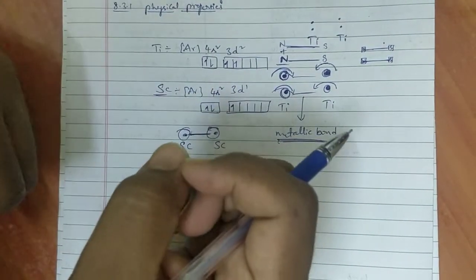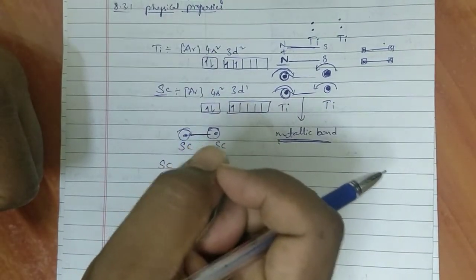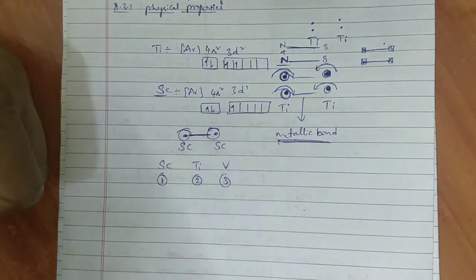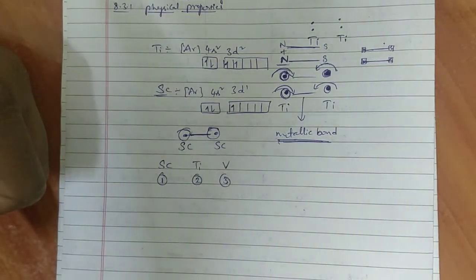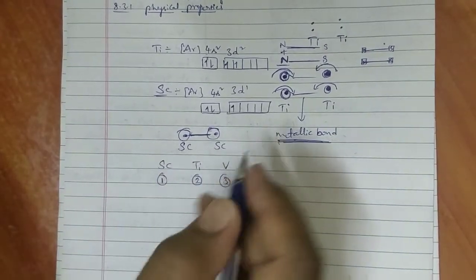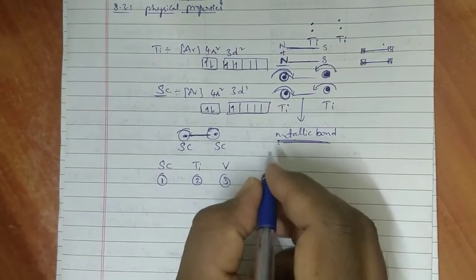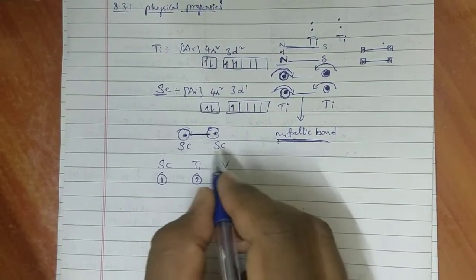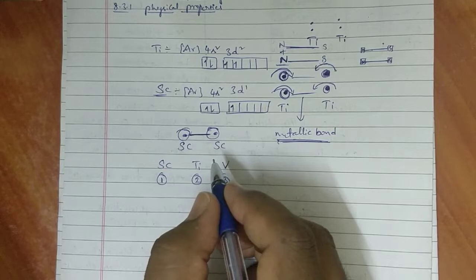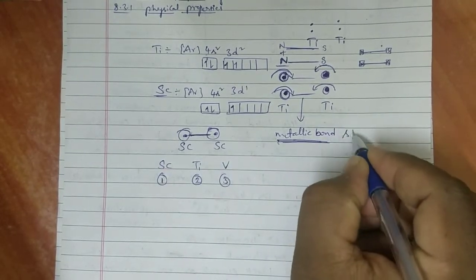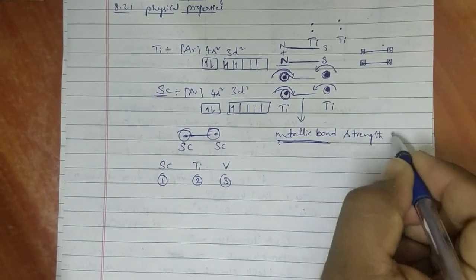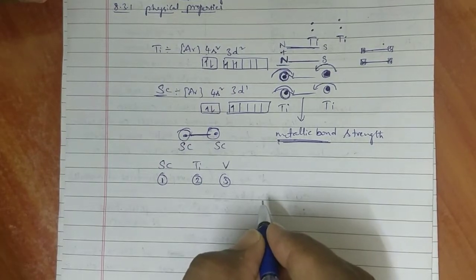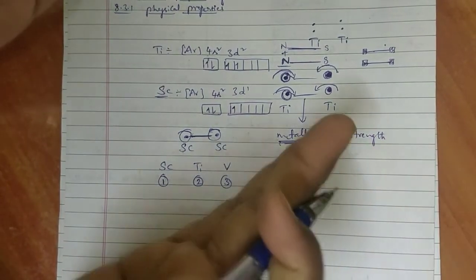That is the thing we have seen till now. I hope you are all understanding the concept. When the number of unpaired electrons increases, the metallic bond strength also increases. When the metallic bond strength increases, automatically the attraction is increased.